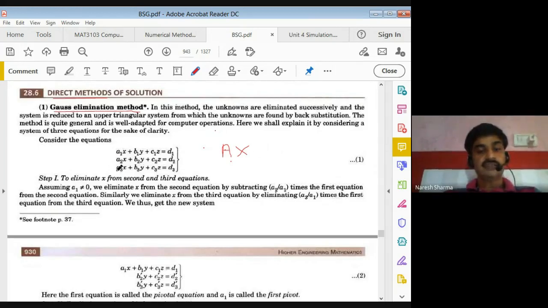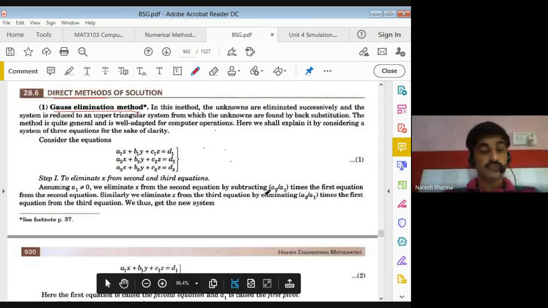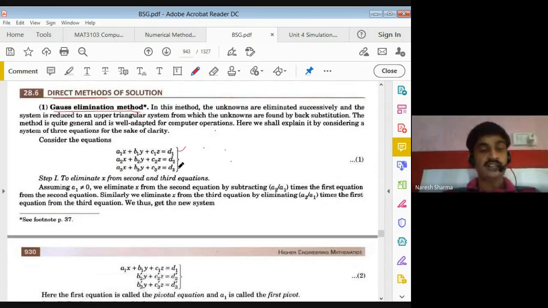For that we can use row operations here. In a system of equations, always use row operations, never use column operations. Keep it in mind, please. So suppose this is your first row R1, this is R2, R3.